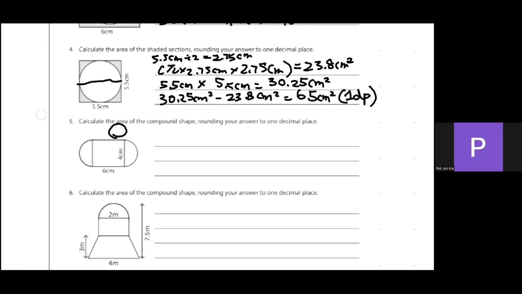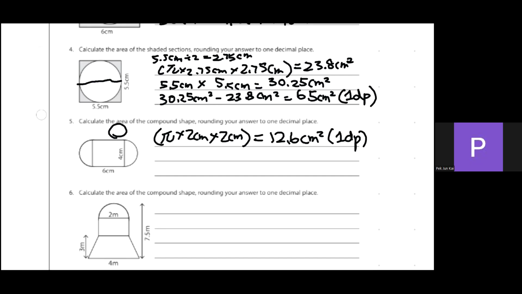So the radius of this circle would be 2 cm. So pi times 2 cm times 2 cm, we would get 12.6 cm square after rounding.